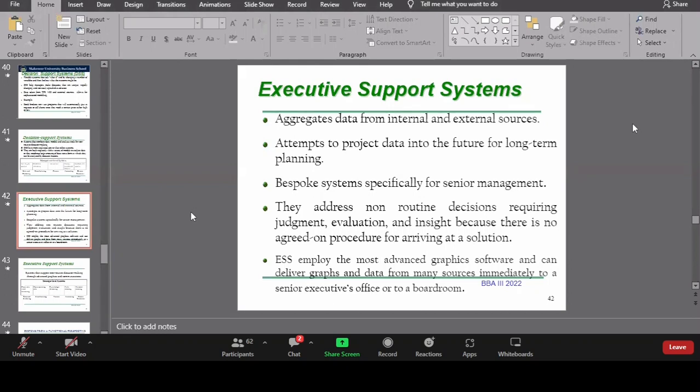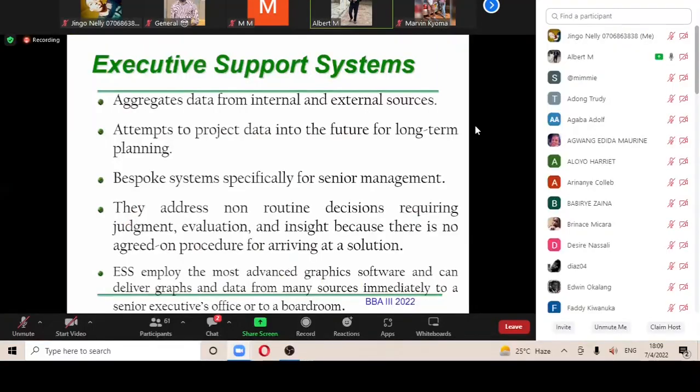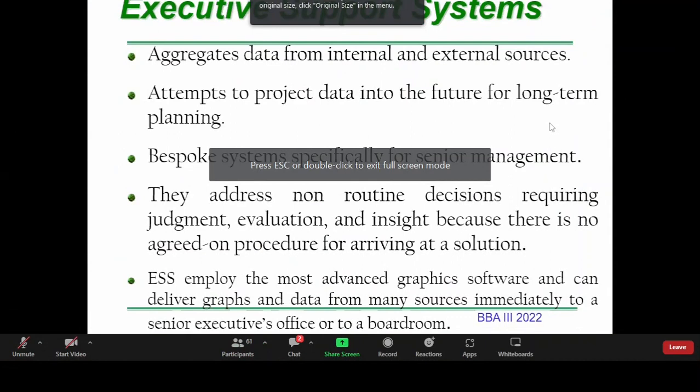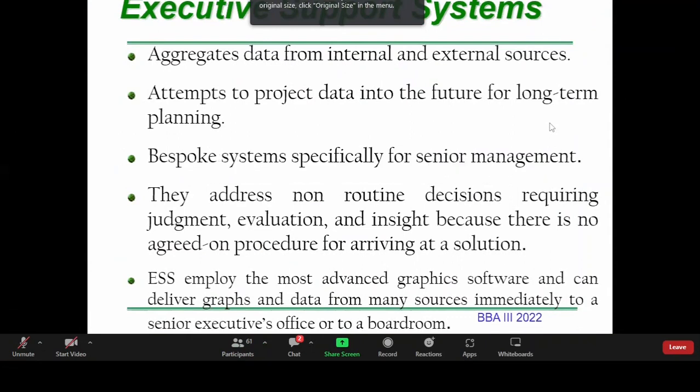So we are saying that bespoke systems, specifically for senior management, address non-written decisions requiring judgment, evaluation, and insight because there's no agreed on procedure for arriving at a solution. Do you realize that as we look at systems at this level, they speak to experience, they speak to maturity, they speak to an understanding of a subject area.